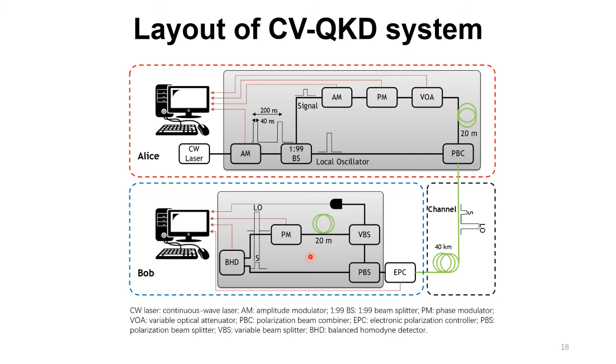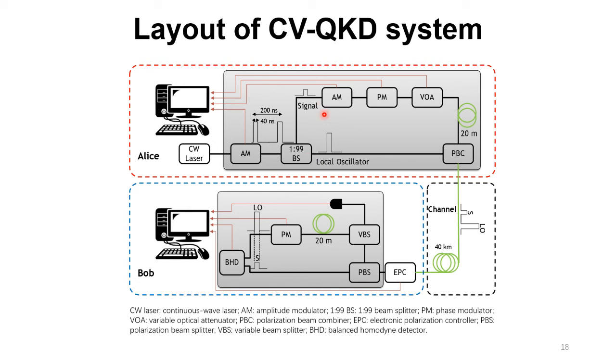In the system, on Alice's side, a continuous wave coherent light source is coupled into the transmitter chip by a grating coupler. Then, three identical amplitude modulators generate pulses at a repetition rate of 5 MHz. An unbalanced beam splitter divides the pulses into local oscillator pulses and weak signal pulses.